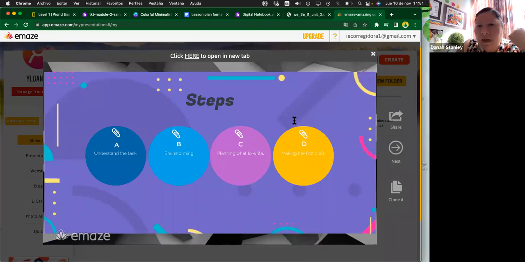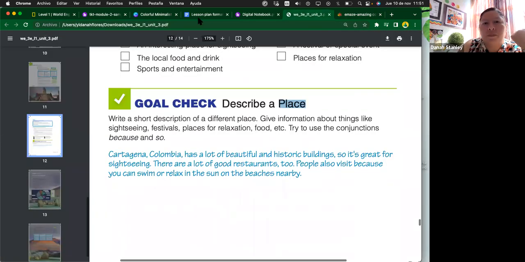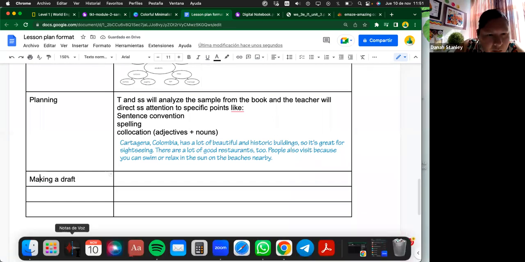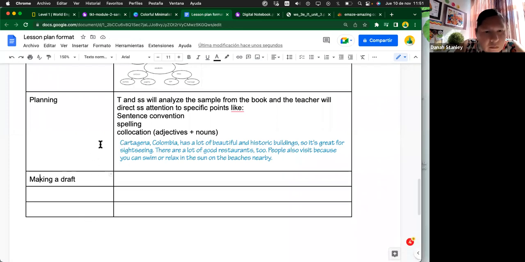Ahora, making their first draft. Yes, you are going to have it. Making a draft, for example. Entonces, what is the objective in here?